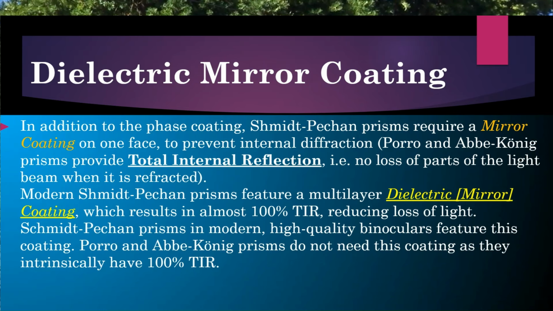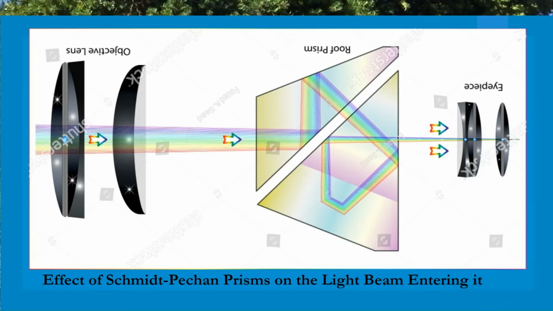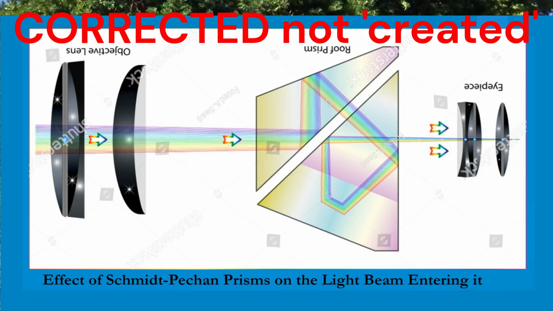The professional term for a roof prism is Dach prism. The Porro prism has total internal reflection. So in other words, the entire light beam continues its path as it is without changing the light itself, only the image attitude. And so it doesn't need any of those coatings, not the dielectric mirror and not the phase correction coating. And as you can see here, this is how an image is being created.